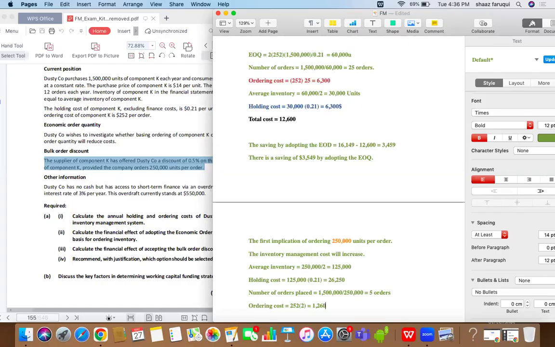Sorry, how come ordering cost is how much? 5 orders, right? So 1,260. 252 into, guys, is my calculation correct? Yeah, it's 6 orders. Thanks, Subhanju. 252 into 6 is how much? 1,512 I'm getting.